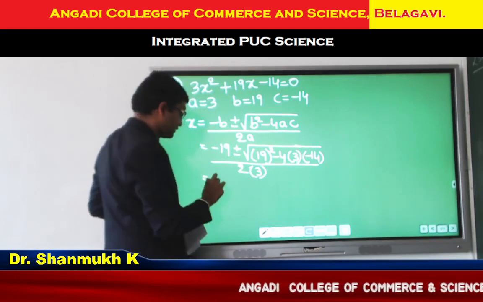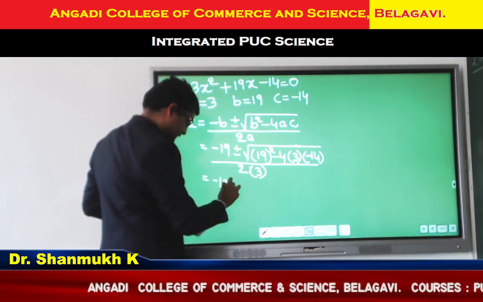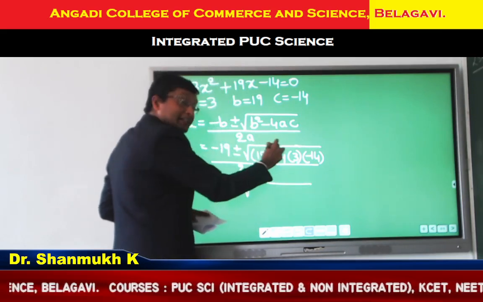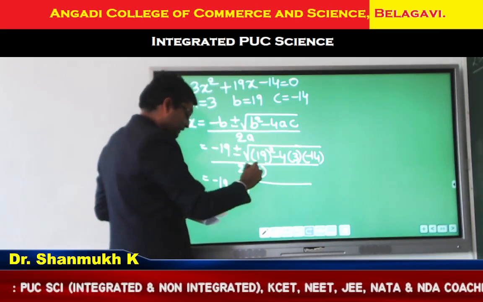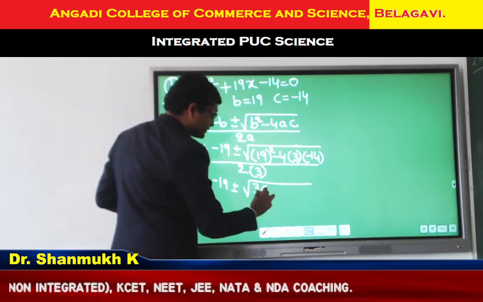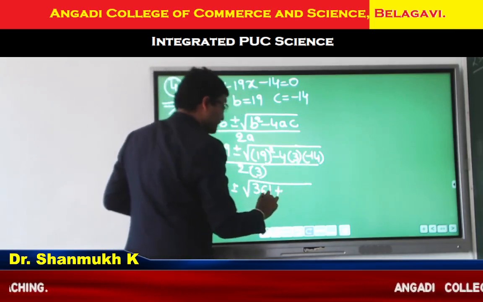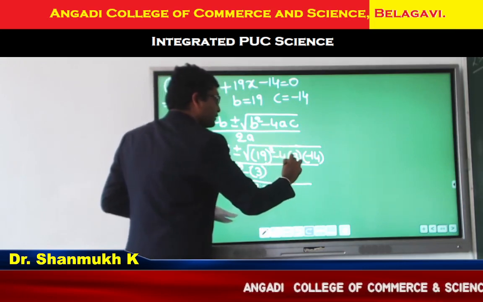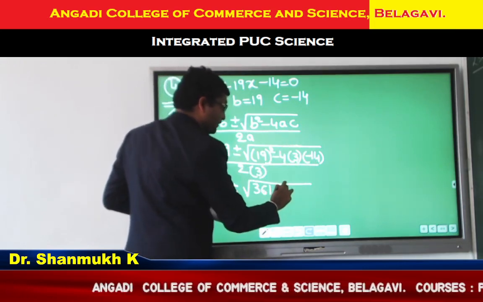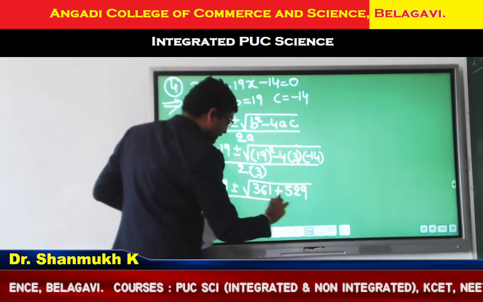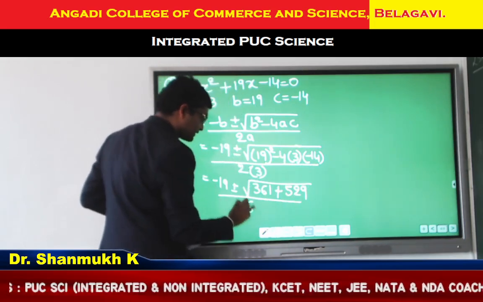So simplification, minus 19 as it is, plus or minus under the square root of 19 square, that is 19 into 19, 361 we get. Next minus into minus plus, here it is 4 into 3 into 14, we get 168, divided by 6.